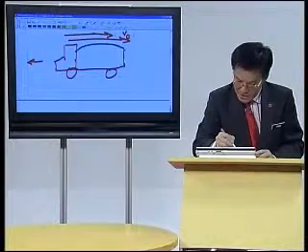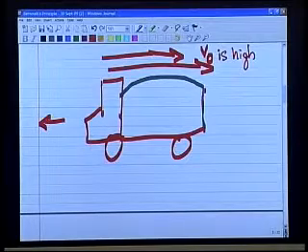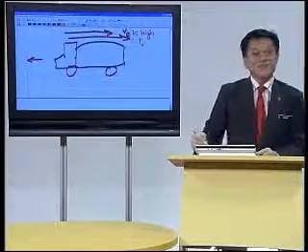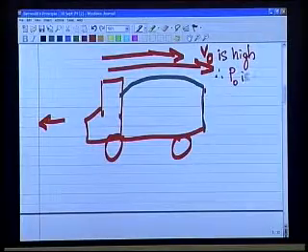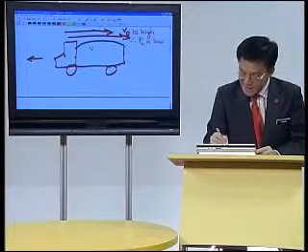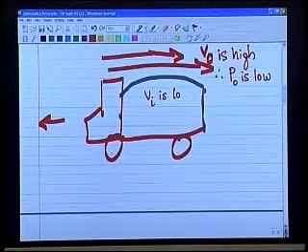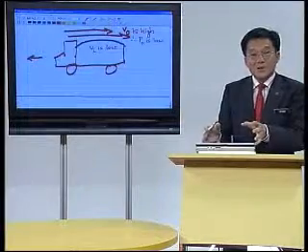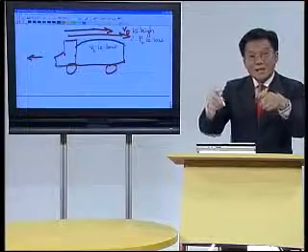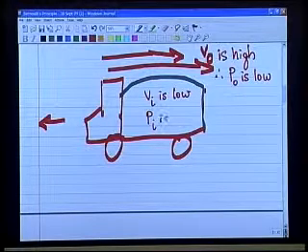So therefore, according to Bernoulli's principle, what happens to the pressure outside? It is low. Now inside, the velocity of the air inside, VI, is low. And according to Bernoulli's principle, where the velocity of the air is low in a region, the pressure is high. So the pressure inside is high.